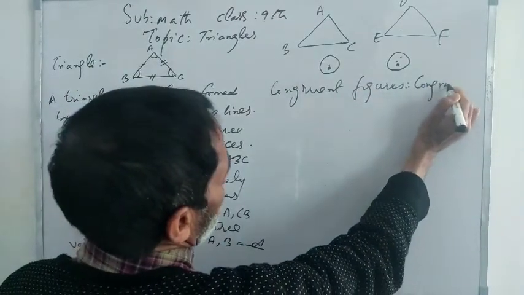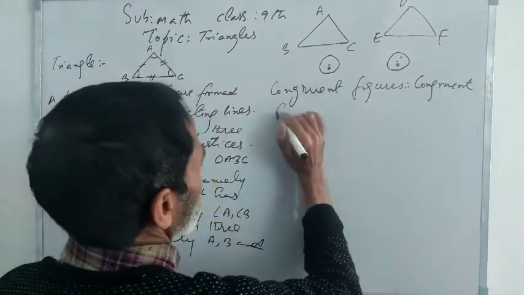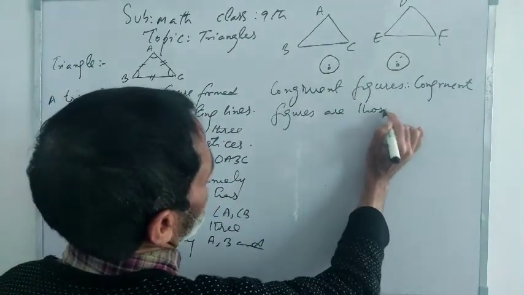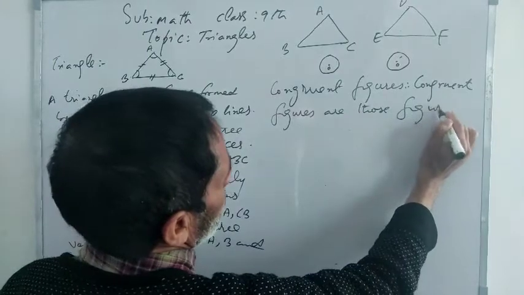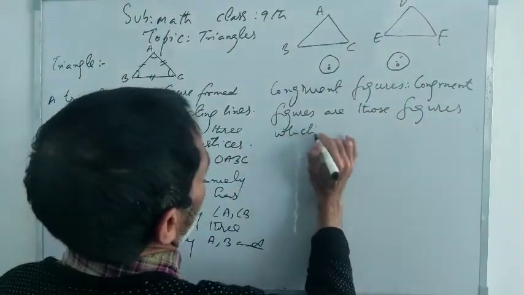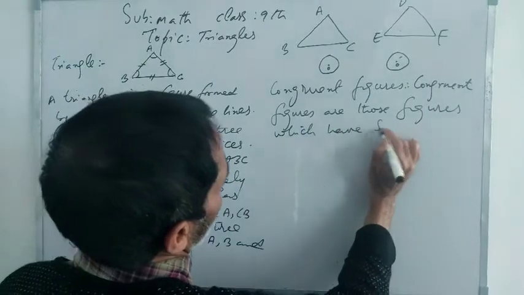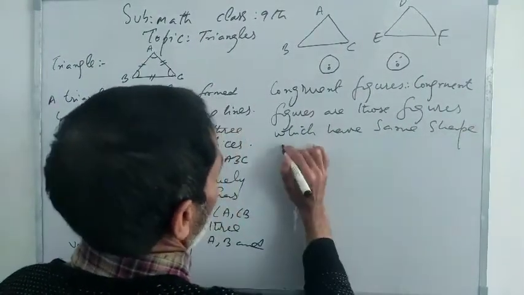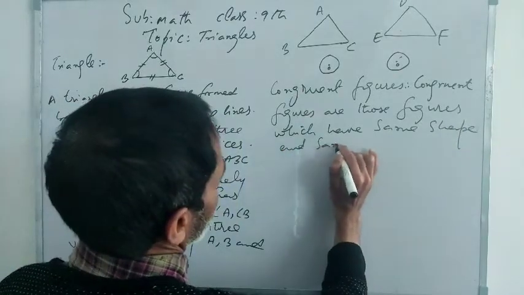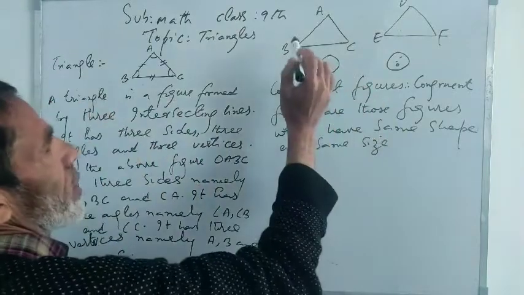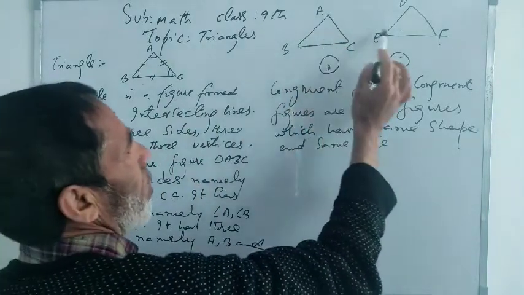Congruent figures are those figures which have the same shape and same size, or in other words, they are equal in all respects.